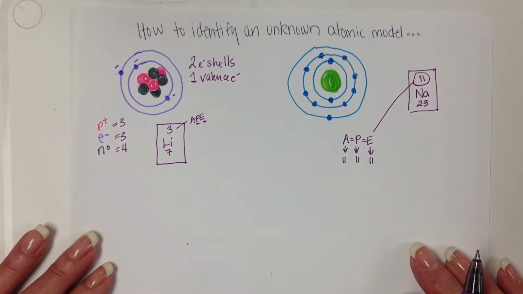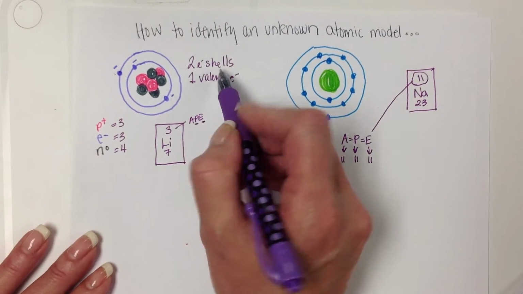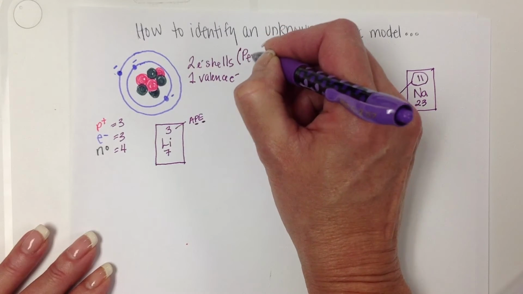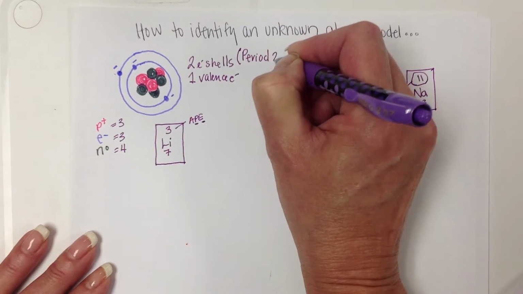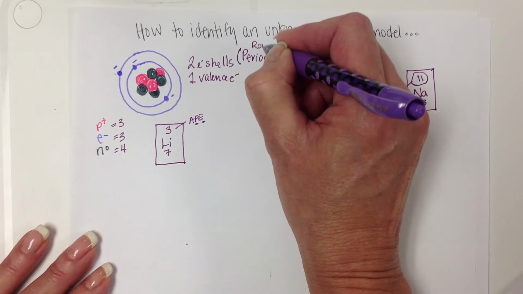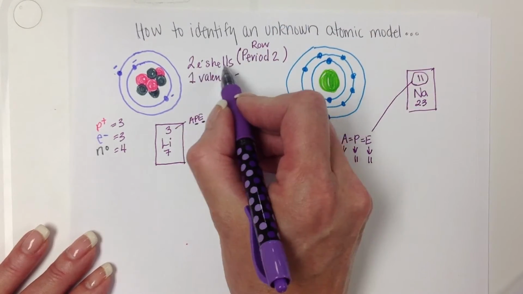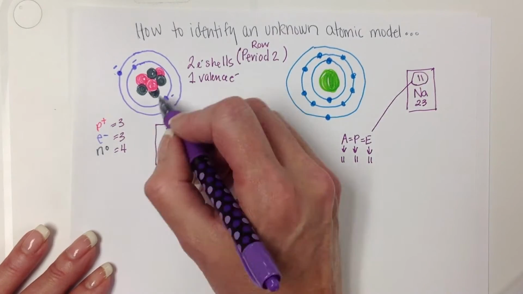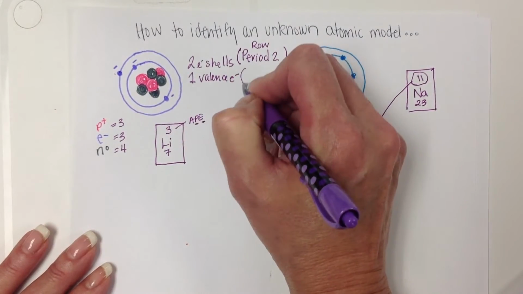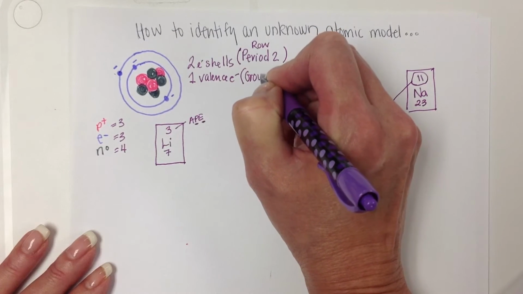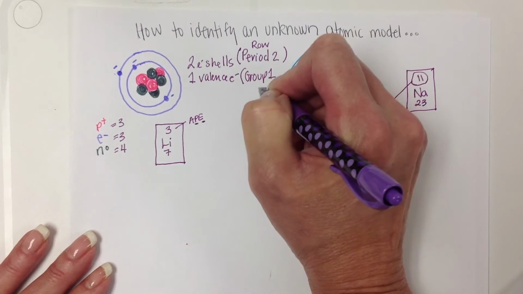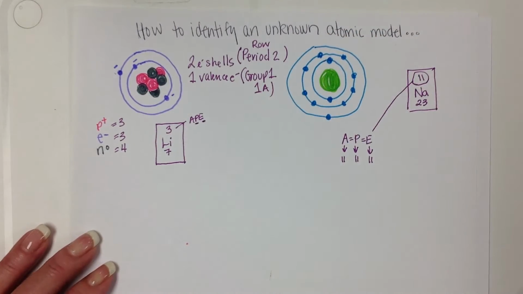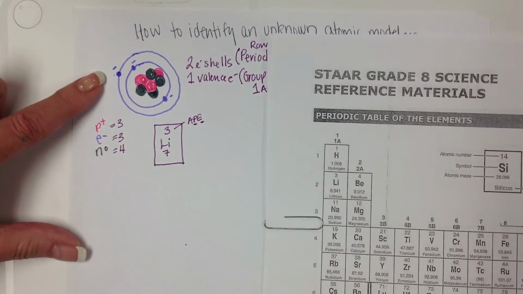Well, if you recall from the periodic table, if you have 2 shells, you have to be in row or period 2. That's row 2, right? So if you're in that period or in that row, you all have 2 shells. And 1 valence electron means you need to be in group 1, because group 1 had 1A or 1 valence electron. So remember, valence electron, outermost electron.